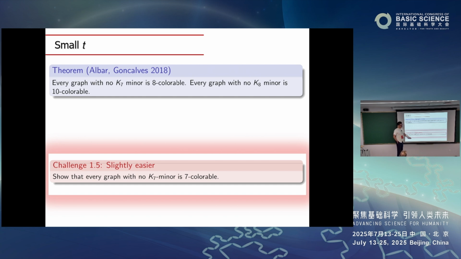It's not even known that every graph with no K7 minor is 7 colorable. Sounds like it might be a lot easier. My collaborators, Zdeněk Dvořák, and my student, Jeremy Turcot, and I spent half a year on this, and we were not shy about using computers. And we cannot do it. So it's still hard. Okay, but that's small t.